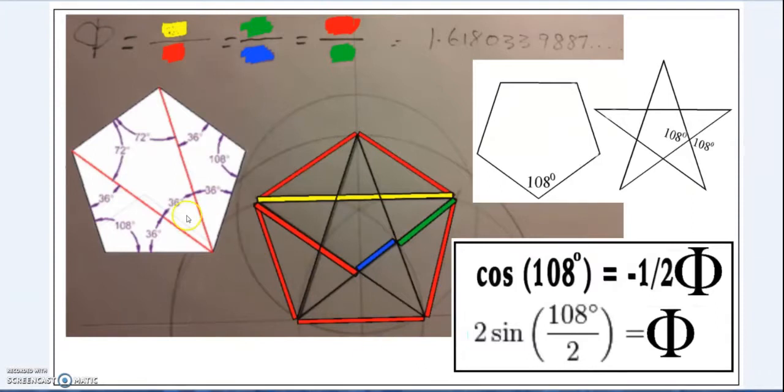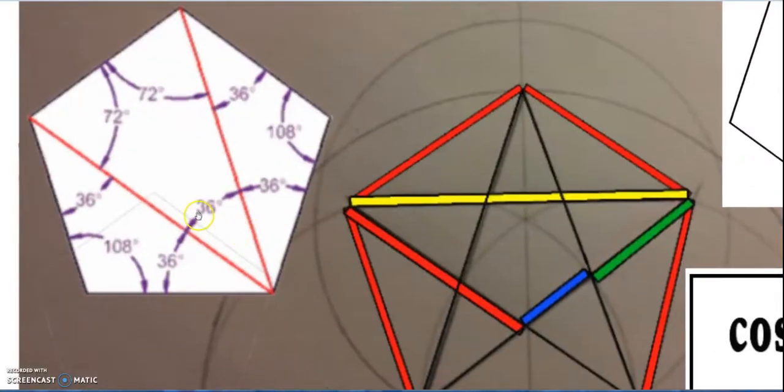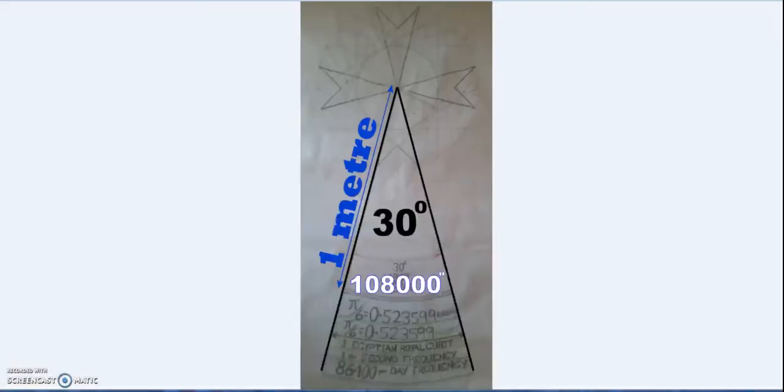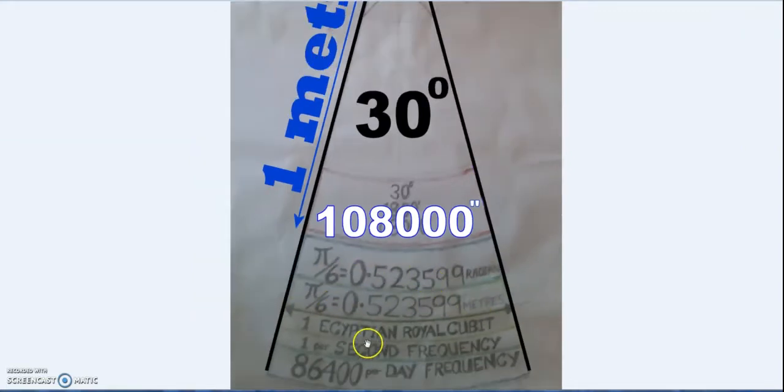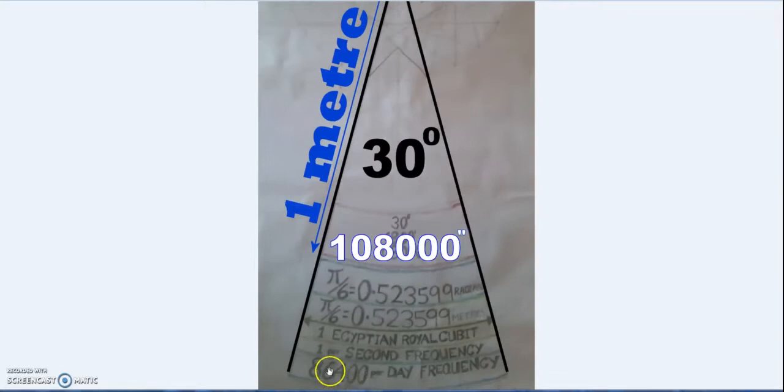These are not just harmonic numbers, because for instance, 36, 3 plus 6 is 9. These are all on that harmonic chart, 36, 72, 7 plus 2 is 9. And this has to do with a 360-degree compass. But even, well, 30 degrees, and the pendulum, the 1 second, 1 meter long pendulum, how it connects to the Egyptian royal cubit, and pi over 6 radian, and again, just beautiful, 86,400 seconds per day.